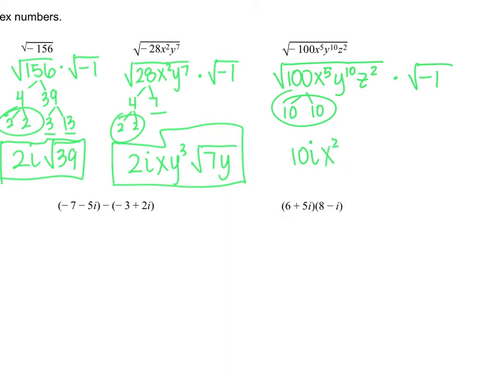In y to the 10th, there are 5 groups of 2, so y to the 5th. And z squared is 1 group of 2, so we have just the z. Underneath the radical, we didn't have a number left over since 100 was a perfect square. And the only variable that didn't have an even group was the x. There is one left over. So our final answer is 10i x squared y to the 5th z radical x.